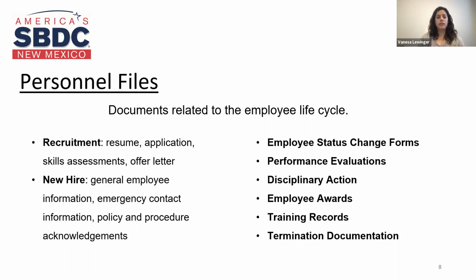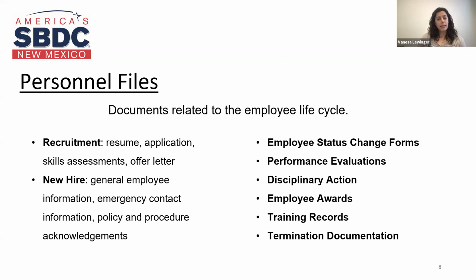Personnel file. This is the file that we automatically think of when we think of an employee file. It contains documents related to the employee life cycle. So everything from recruitment, new hire, employee status change, performance evaluation, training, termination, all those things are going to be held within this file. So it really gives you a history of that employee within your organization.